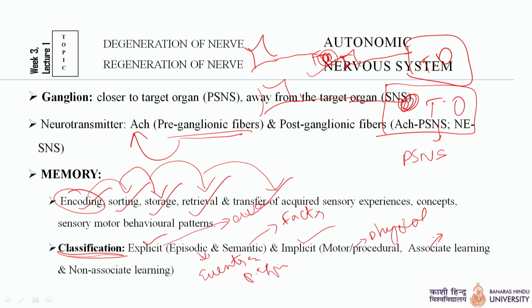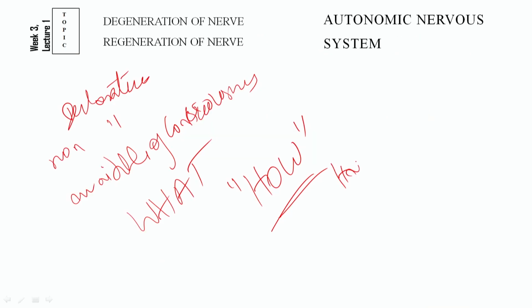Next is associative learning, which is further classified into classical learning and operant conditioning. One simple example is Pavlov's experiment, which comes under associative learning. Then the third one is non-associative learning. This includes habituation.